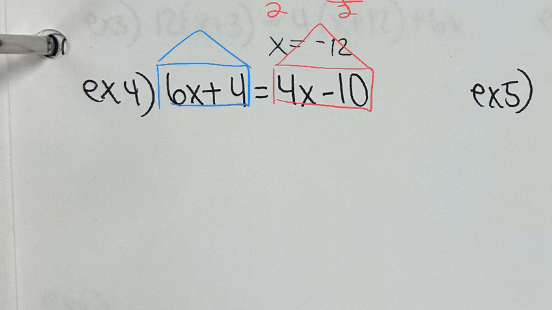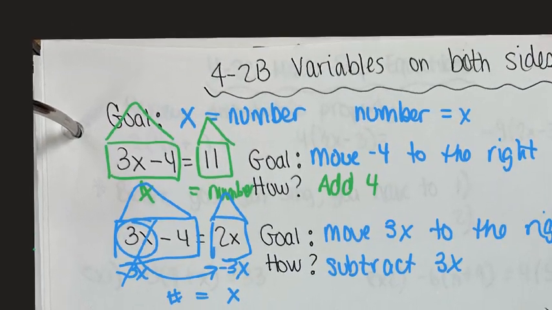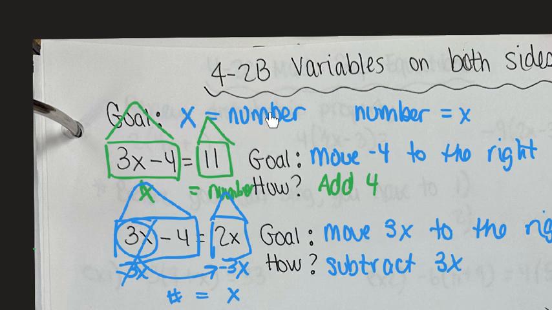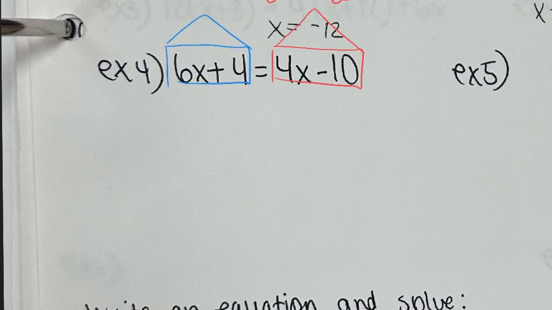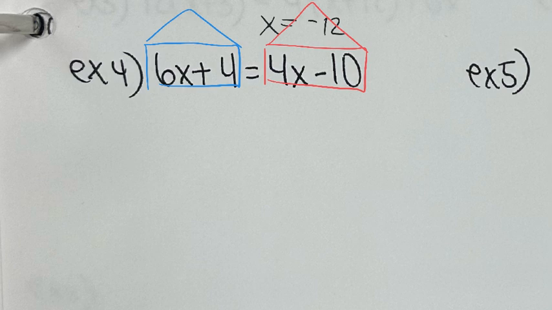In the right house, I also have x's and numbers. So it doesn't matter, but we remember our goal at the very beginning. We said we wanted x's on one side, numbers on the other, or numbers on this side, x's alone over here. So now that we go back to example 4, we need all x's to be here and numbers to be here, or the other way around.